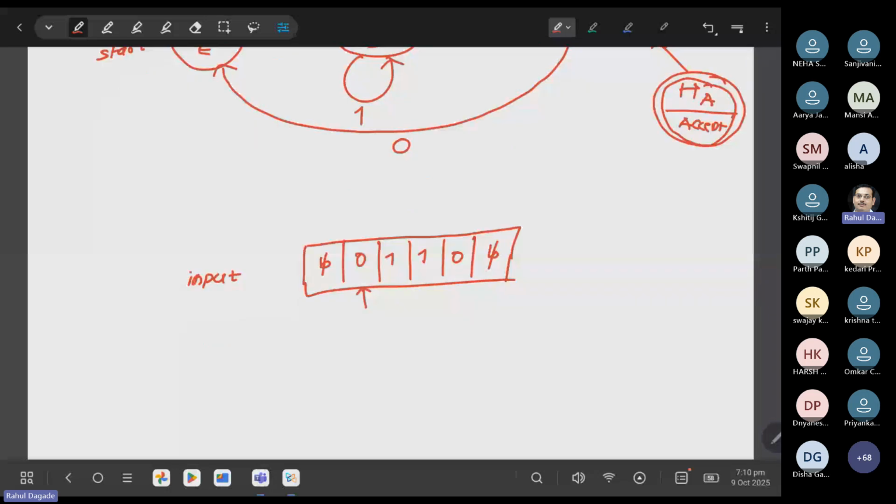So if I have got 0 now, what should be my output for this? My output for this will be HA, that is halt accept. And if the string doesn't end in 1 0, then my output will be HR, that is halt reject.